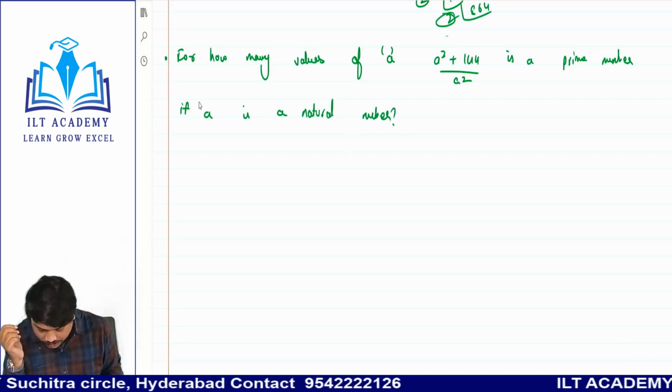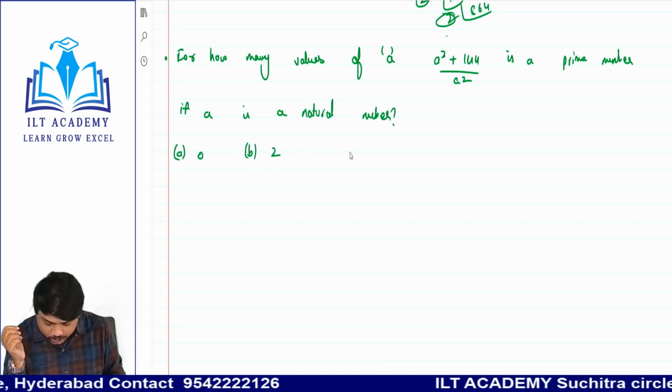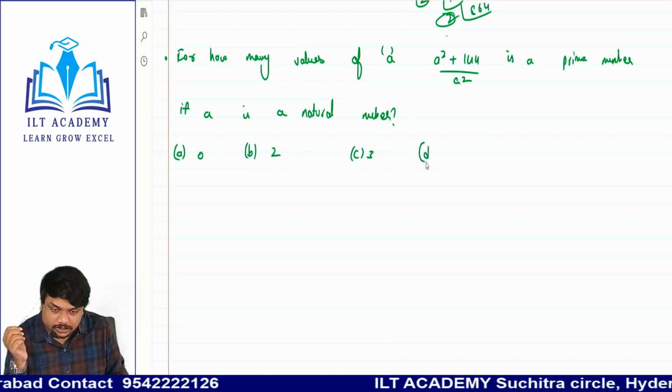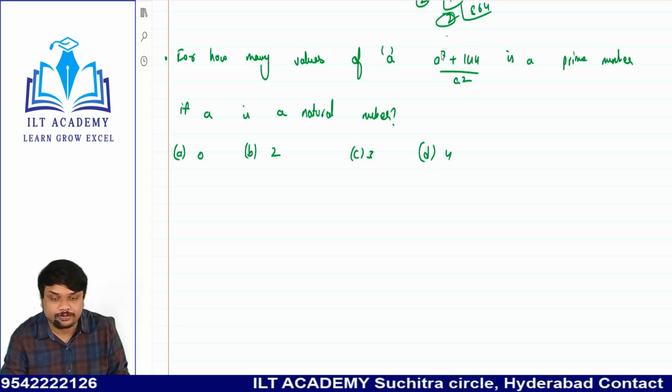This is the given, and your options are A 0, B 2, C 3, D 4. ऐसा क्वेश्चन कैसे करना?